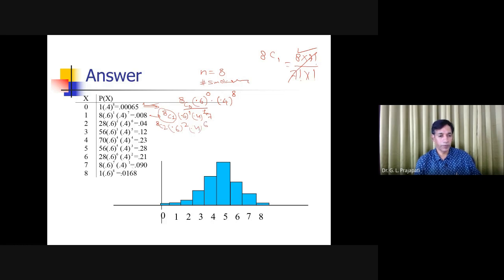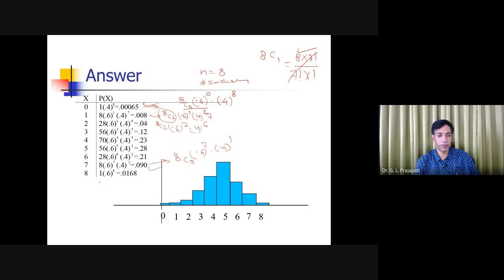Similarly, how can you compute 7 smokers? 8C7 multiplied by 0.6. How many times does success come? 7 times. How many times does failure come? 1 time.